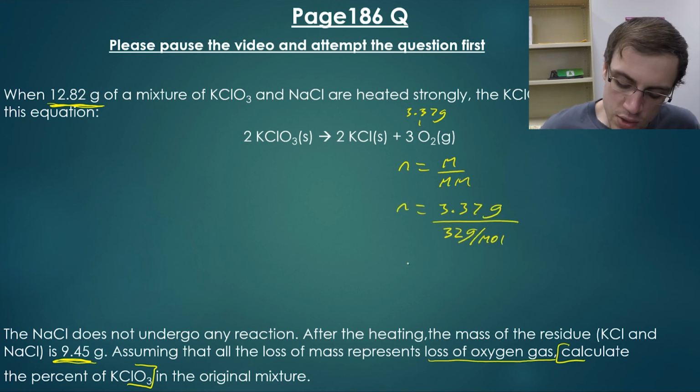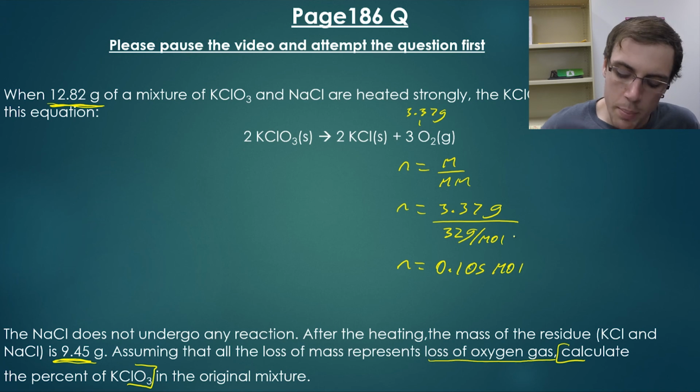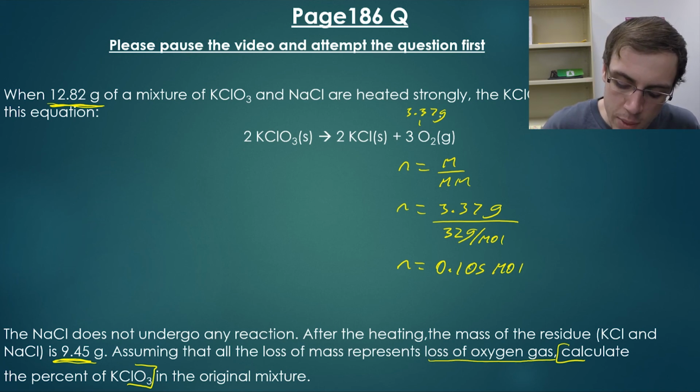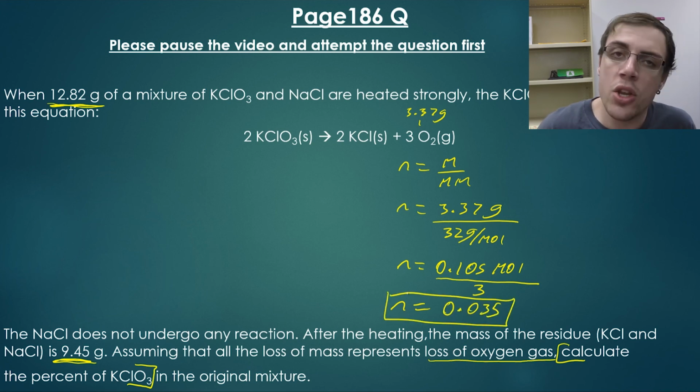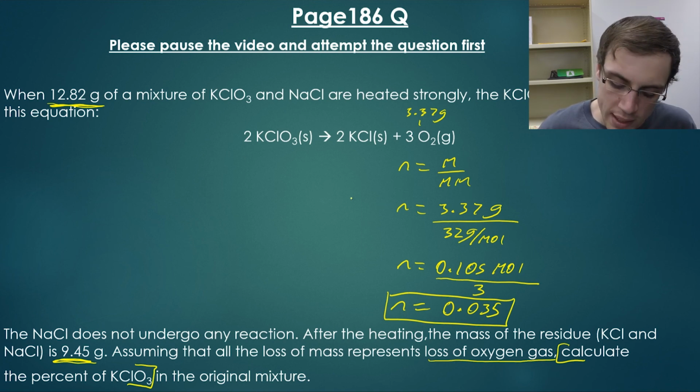So which means our total mole is 0.105 moles. But again, coefficients. We need to look at this 3. So we go 0.105 divided by 3, which will give us a total molar concentration of 0.035. Now we can use this to calculate the amount of potassium chlorate.